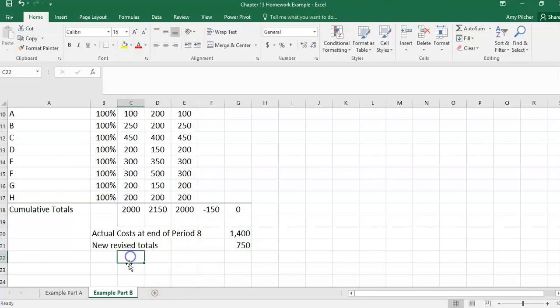So our ETC, so our new revised total is $2,150.